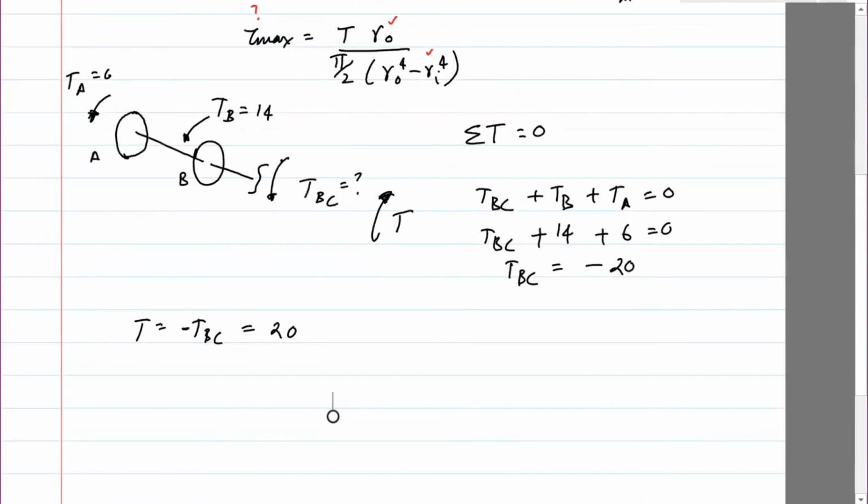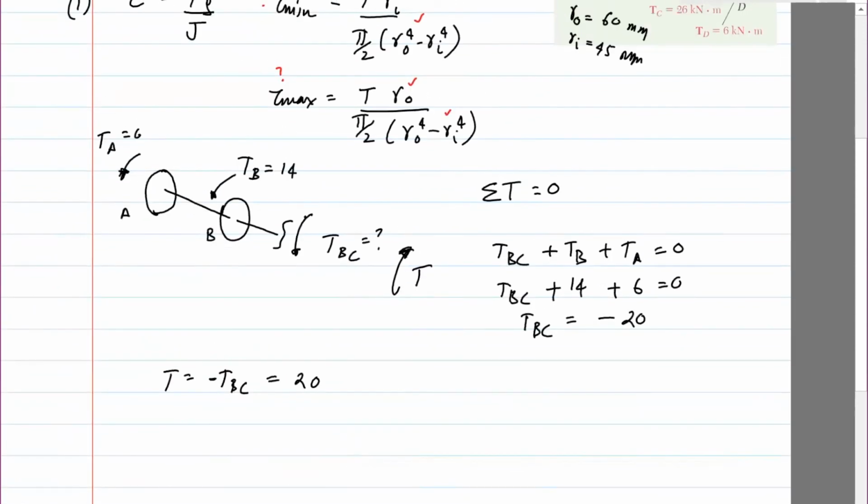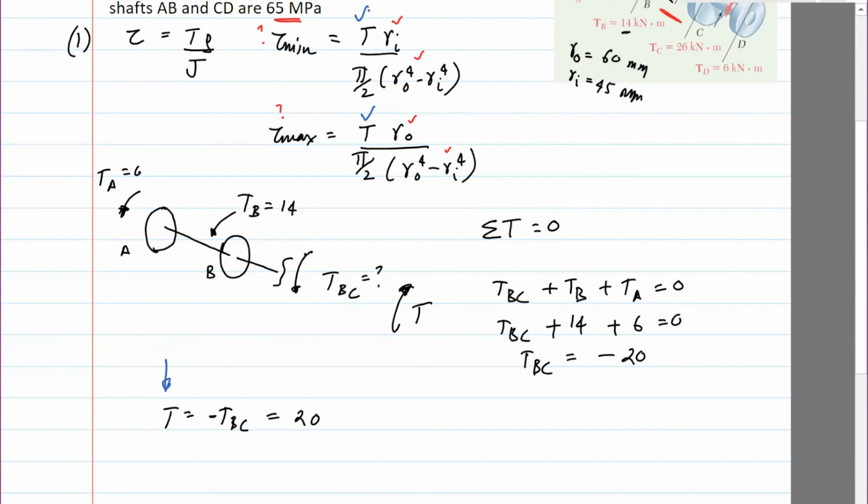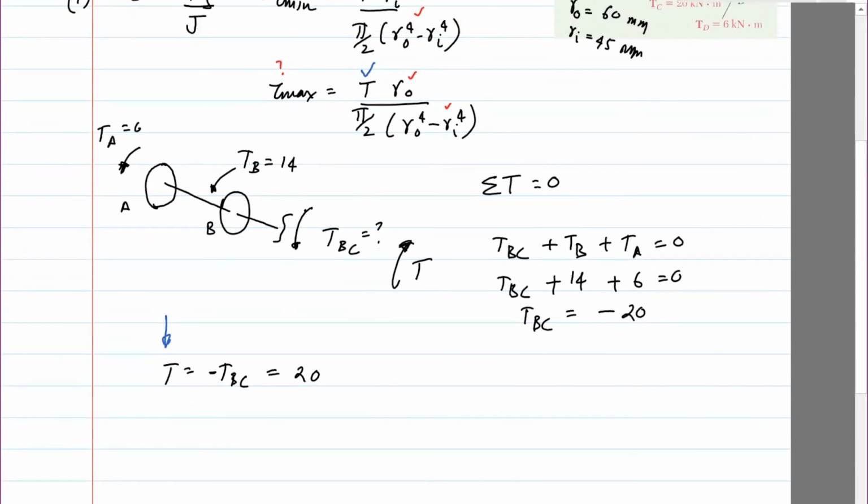So now all I need to do is sub in the value. This torque, which is 20, has to go in these equations, and I have the formula for the minimum and maximum shear stress.